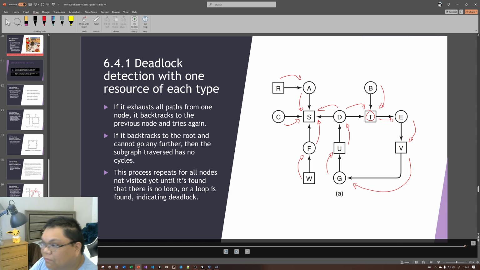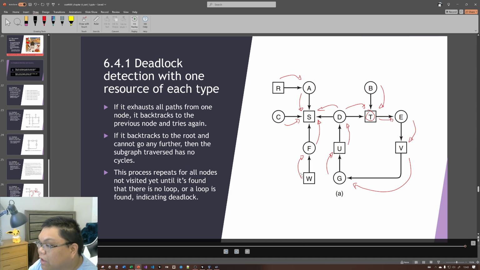Once we find a node that we cannot traverse anymore, we simply backtrack to the previous node. If we keep backtracking until we find our starting node, that means there are no more paths that we can continue down.